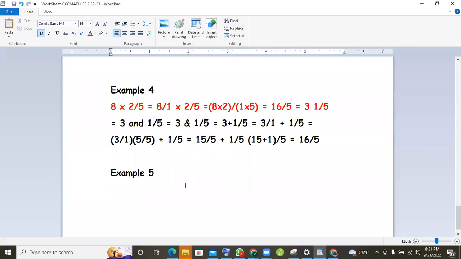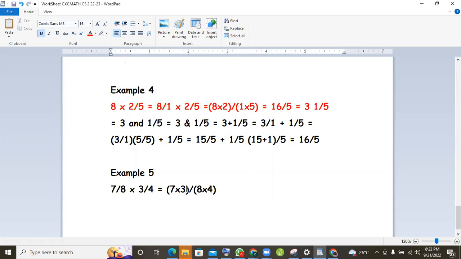Let's do another example of multiplication of fractions. 7 over 8 times 3 over 4. Without further ado, you just multiply numerator with numerator, 7 times 3, over denominator times denominator, 8 times 4.